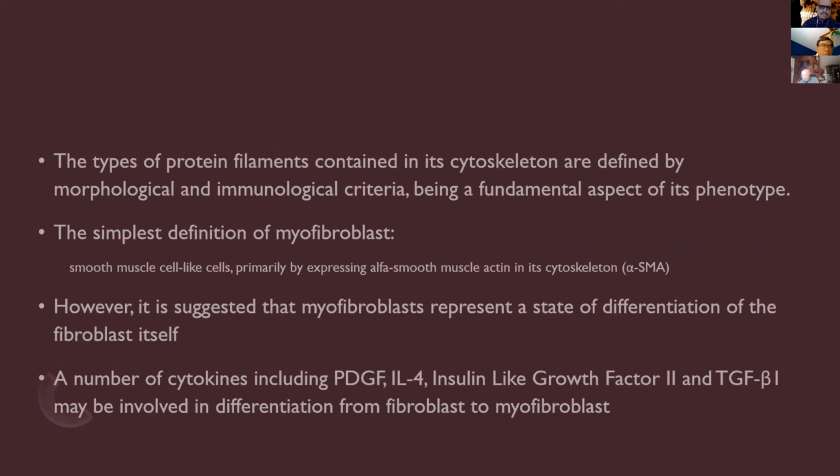The simplest definition of myofibroblast is a smooth muscle cell-like cell, primarily by expressing alpha-smooth muscle actin in its cytoskeleton. However, it is suggested that myofibroblasts represent a state of differentiation of the fibroblast itself.